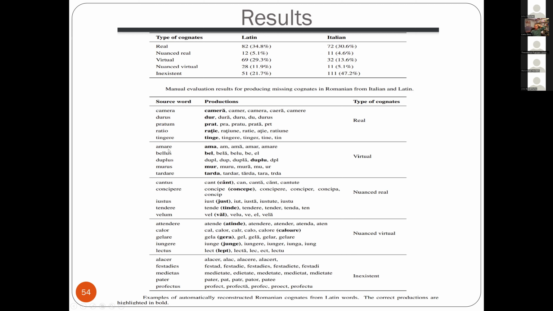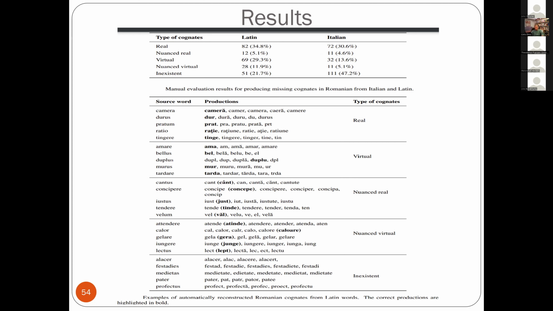For example, for to love, amare, we obtain the word ama for the Romanian form before the Slavic words substituted it, and they said, okay, this looks nice to me. Other forms which we obtain are here, and they said, okay, there is no way, we have no evidence to accept this.